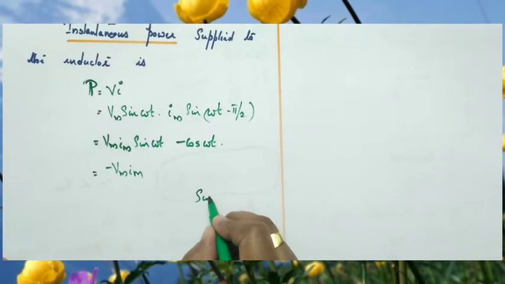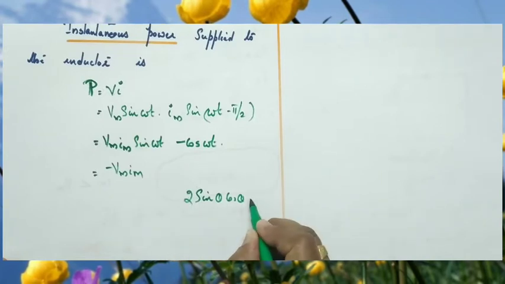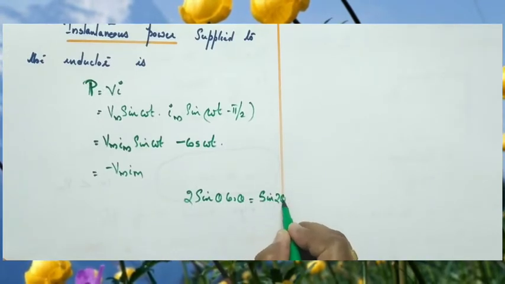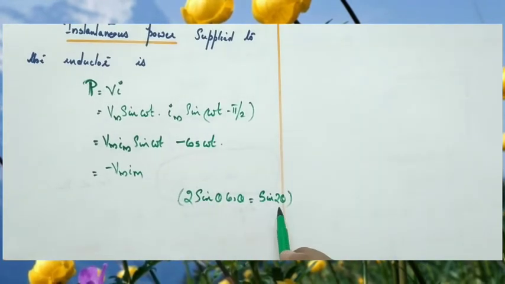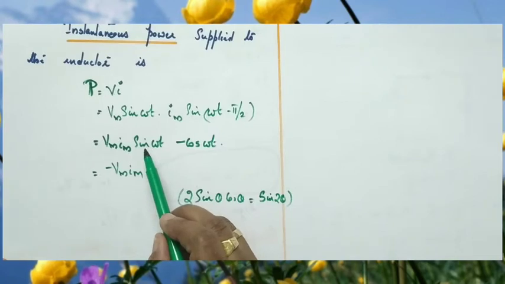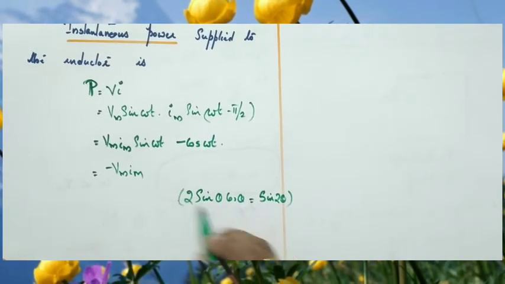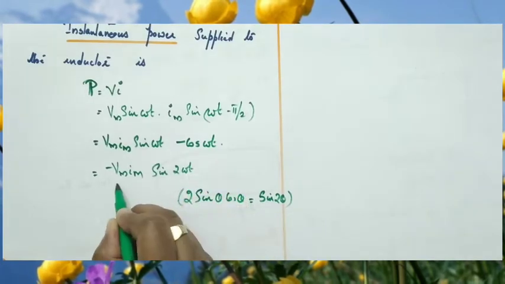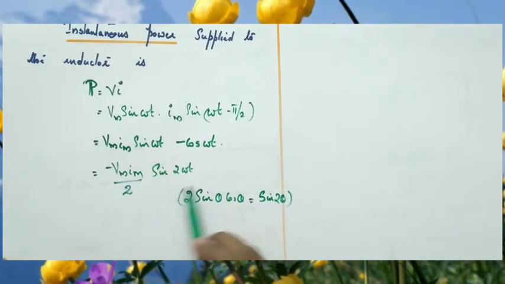We have sin theta cos theta. What is 2 sin theta cos theta? 2 sin theta cos theta is sin 2 theta, that you know. So using this, sin omega T cos omega T can be written as sin 2 omega T divided by 2, because there is no 2 here, so we can divide by 2.